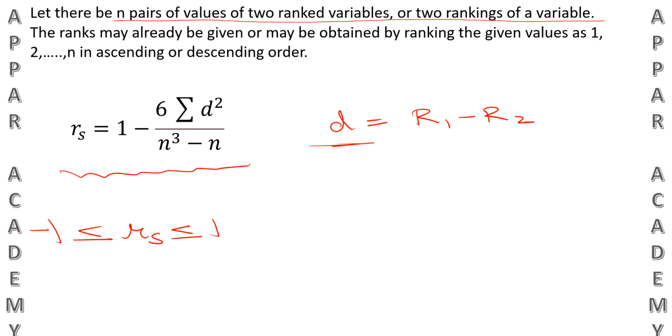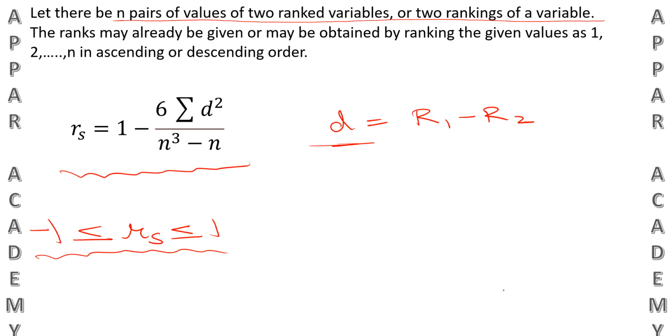The only difference is that over here we are using the ranks instead of the actual numerical measures, since this data is non-quantifiable. So Spearman's rank correlation coefficient lies between minus 1 and 1. If it is minus 1, there is a perfect negative correlation, and if it is equal to 1, there is a perfect positive correlation.